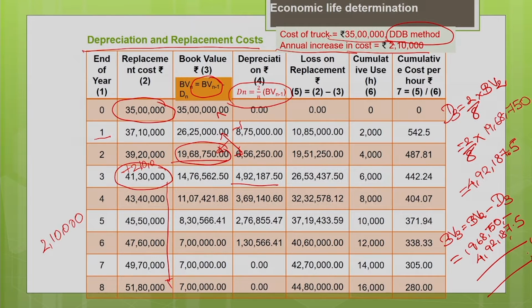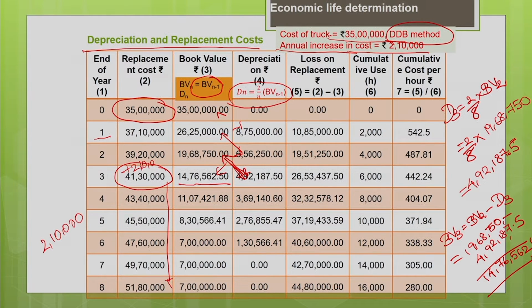If you subtract both, you will get the book value for the third year as 14,76,562.5. So, this is how you are going to estimate the book value and the depreciation for the 8 years. The remaining calculations you can do.